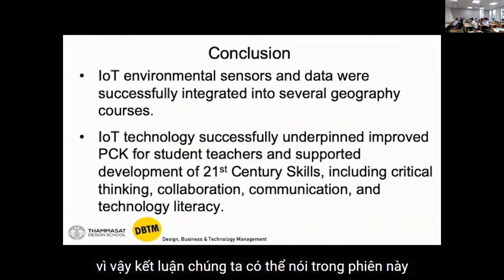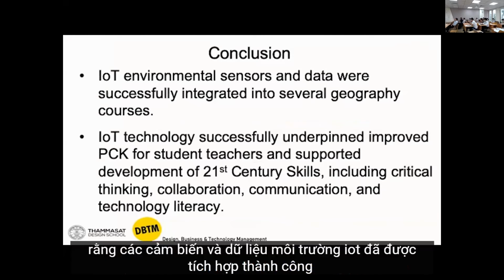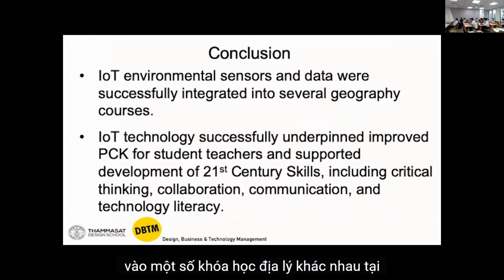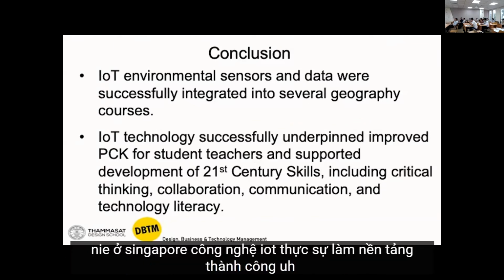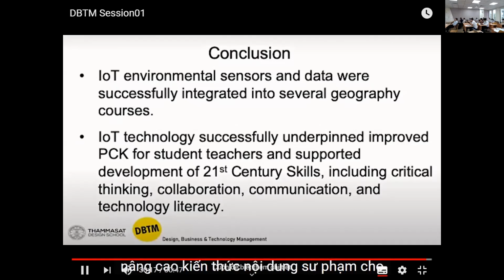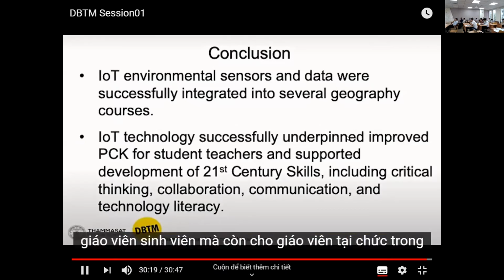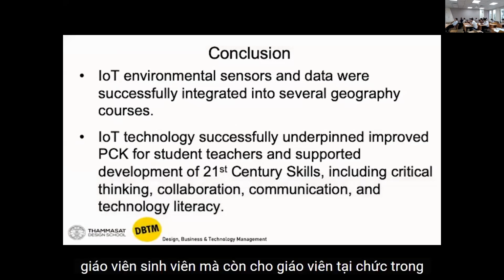So, in conclusion, we can say in this session that the IoT environmental sensors and data were successfully integrated into a number of different geography courses at NIE in Singapore. The IoT technology really successfully underpins improved pedagogical content knowledge for student teachers, but also for in-service teachers in Singapore.